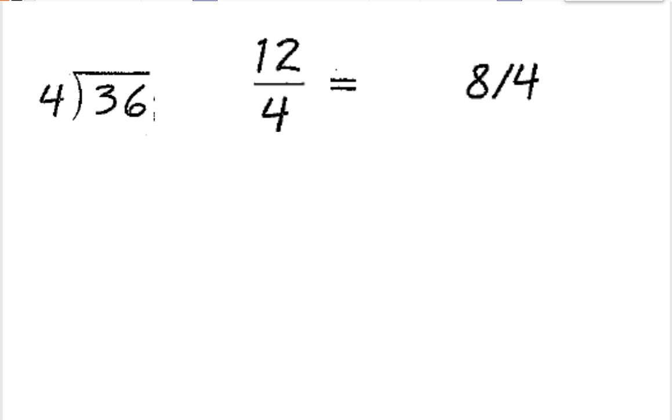Now that's true also no matter how we write our division problems. So here I have 36 divided by 4. So for a division box, the dividend is inside the box, and the divisor is outside the box.